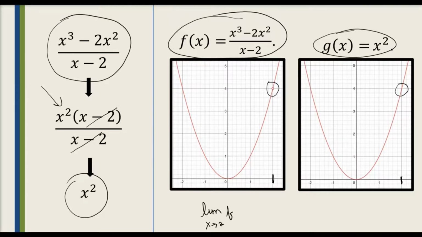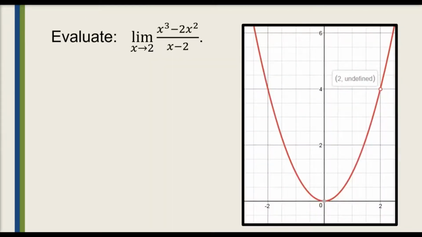of f of x will equal the limit as x approaches 2 of g of x. So, if we want to evaluate the limit as x approaches 2 of x cubed minus 2x squared over x minus 2, well, we could start by simplifying our expression. So we have the limit as x approaches 2 of x cubed minus 2x squared over x minus 2.